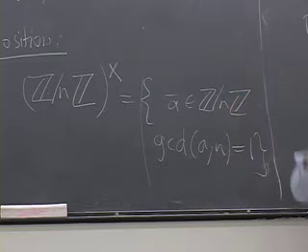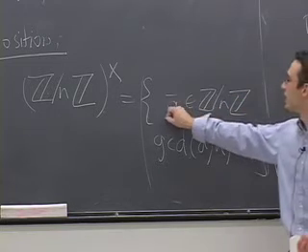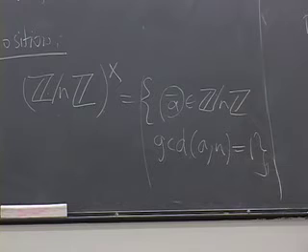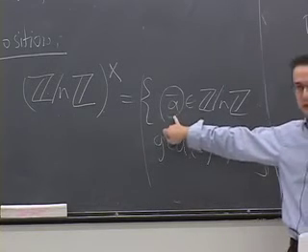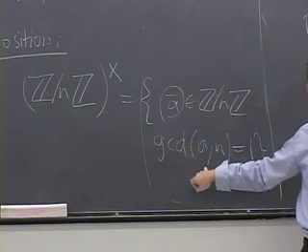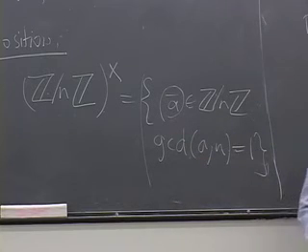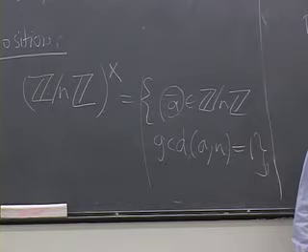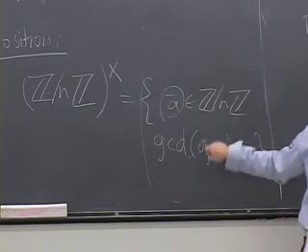Now, there's no unique lift. If I have some equivalence class a-bar, there are many possible representatives. So there's a slightly subtle point here, namely that if I have one element of an equivalence class which is relatively prime to n, then every element of that equivalence class is also relatively prime to n. Now, this isn't difficult to show, but it's certainly a bit of a subtlety in writing down this thing.